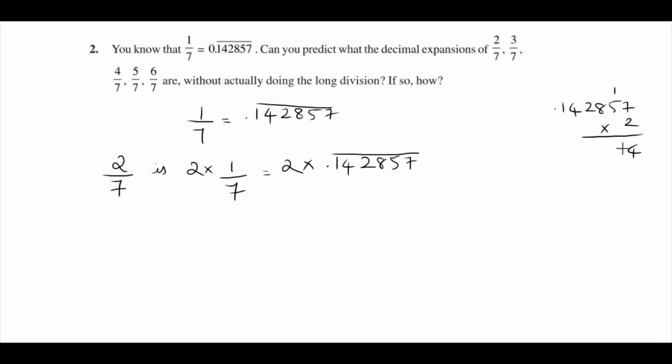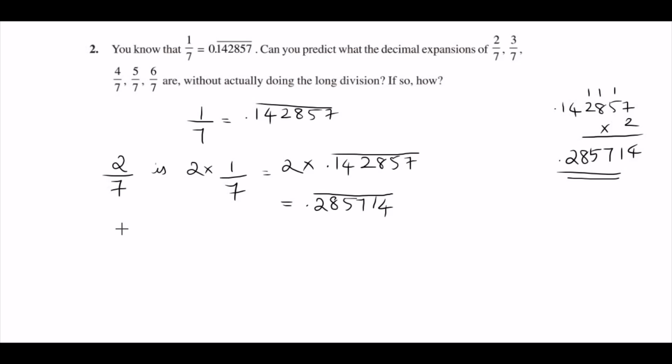So 14, 11, 17, 5, 8 and 2. So the decimal expansion of 2 by 7 is 0.285714 bar.